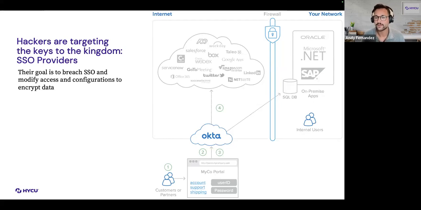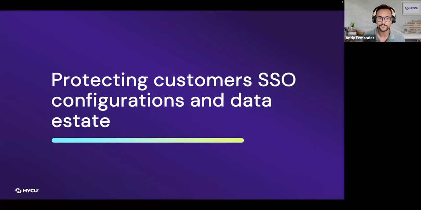There are critical configurations in there that hackers are explicitly going after. And their goal is to be able to give themselves access, super user access, and then go and start encrypting all the other critical information that you see across the board. This is a clear focus. We've seen this already, and this is something that's not going to go away. And you're starting to see the scope target SSO providers and SaaS applications themselves.